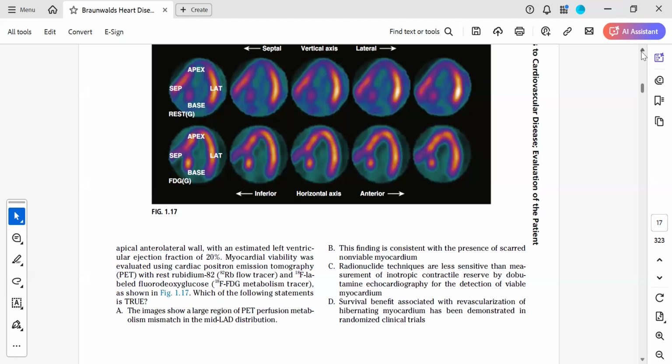C, radionuclide techniques are less sensitive than measurement of inotropic contractile reserve by dobutamine echocardiography for the detection of viable myocardium. And D, survival benefits associated with revascularization of hibernating myocardium has been demonstrated in randomized clinical trials.